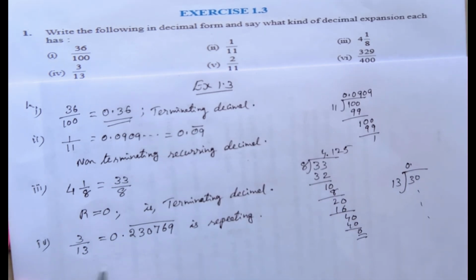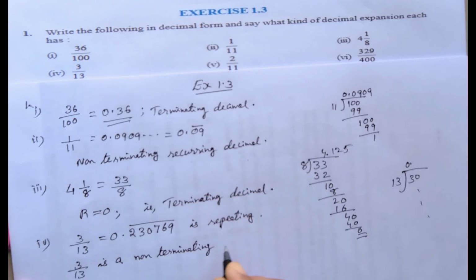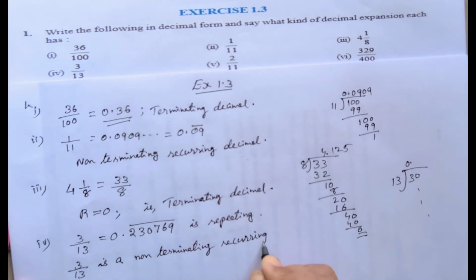That means 3 by 13 is equal to 0.230769, again 230769. It is continuing that way. So 3 by 13 is a non-terminating recurring decimal.